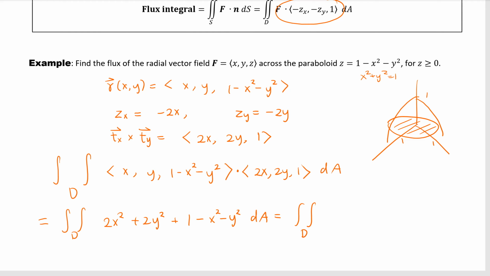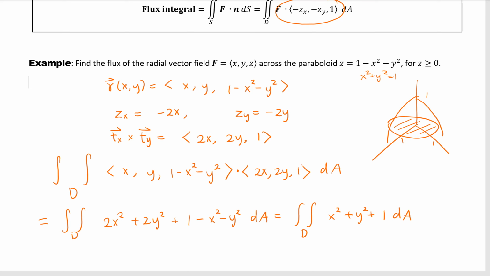Wow, what do we get? 2x squared minus x squared is x squared. 2y squared minus y squared is y squared. Ooh, see, here it's much better to use polar coordinates.